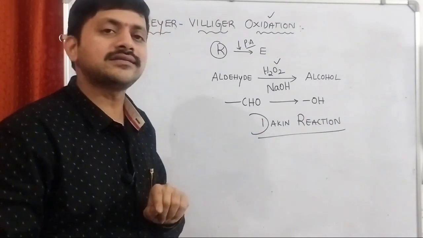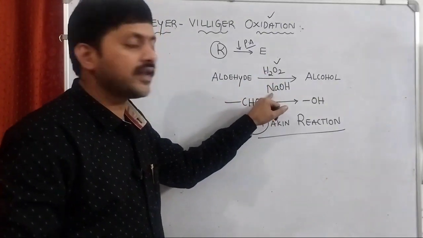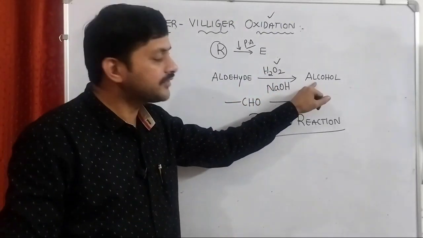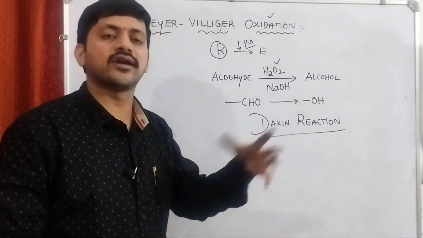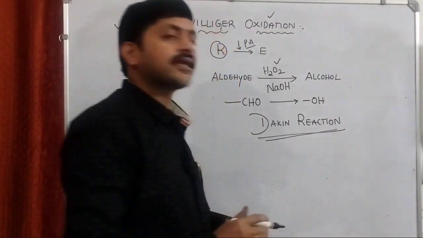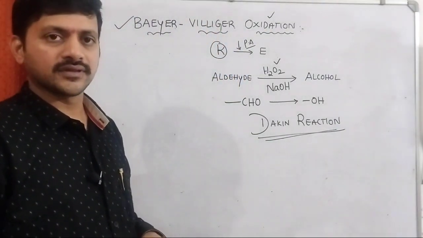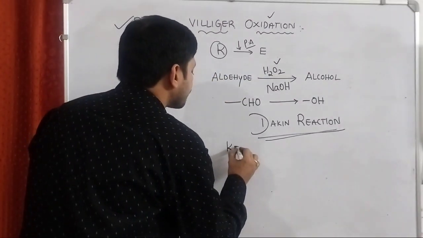Right? At a later stage, people used H2O2 in NaOH, and they identified that the CHO group is directly converted into the corresponding OH. The reaction is commonly called what? Dakin reaction.